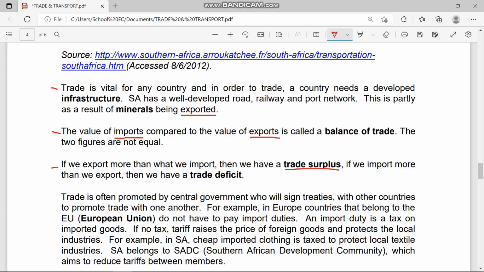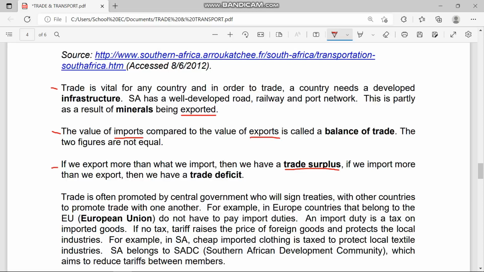This term is going to come out during examinations, you should know, guys. A trade surplus is whereby you export more goods than you import, taking goods and services from your country to other countries by means of trading.